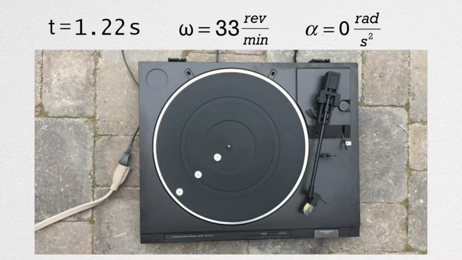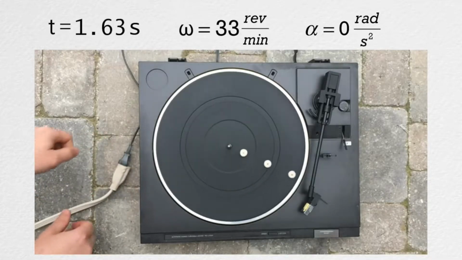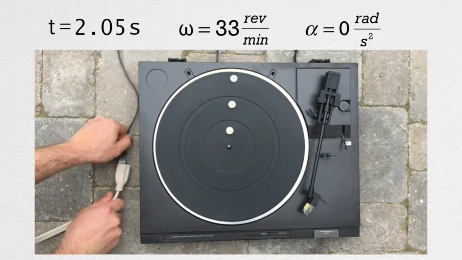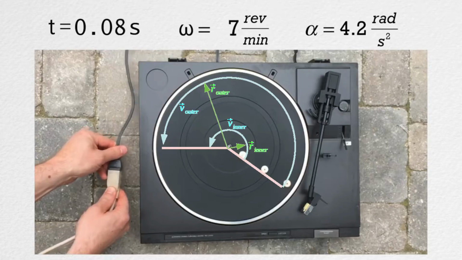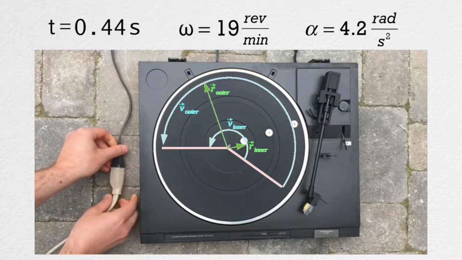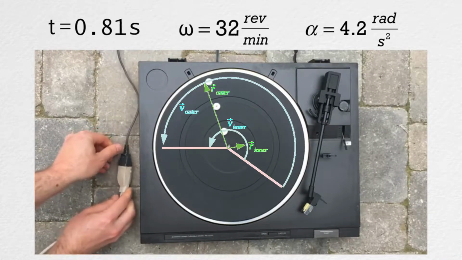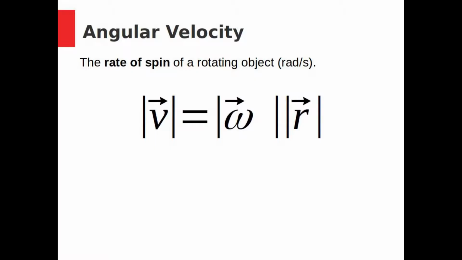These stickers take 1.3 seconds to complete one rotation. One rotation is 2 pi radians, so the angular velocity of these stickers is 4.83 radians per second. And since it's counterclockwise, the angular velocity is positive. Once again, we can also work out the linear velocities of the stickers using this equation. It's very similar to the earlier one for angular displacement.